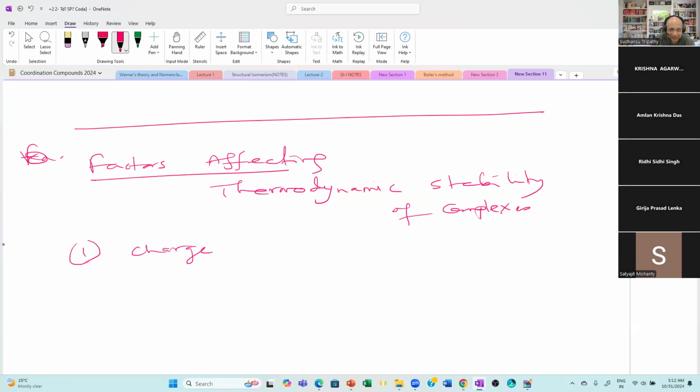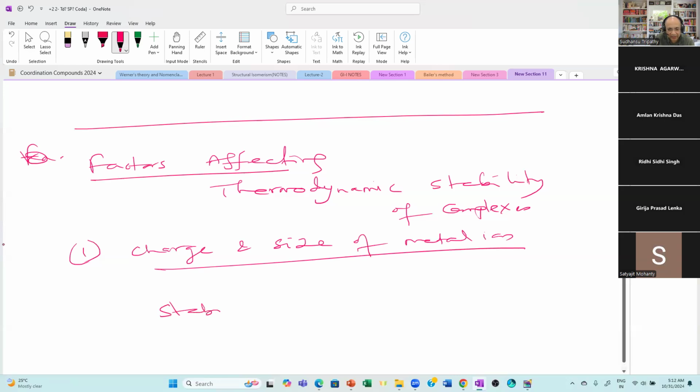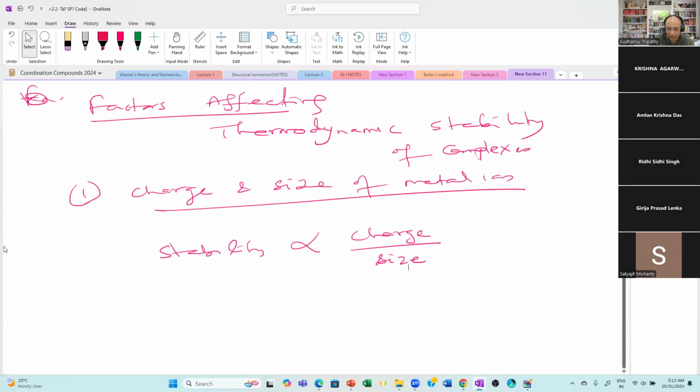I forgot. Charge and size of metal ion. So stability is directly proportional to magnitude of charge and inversely proportional to size. Less is the size, more is the charge, more is the polarizing power.